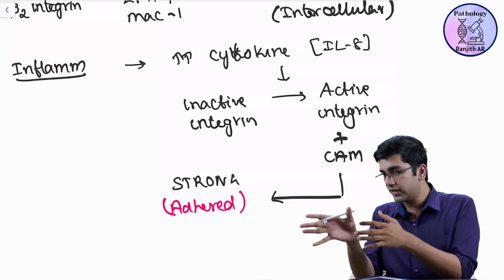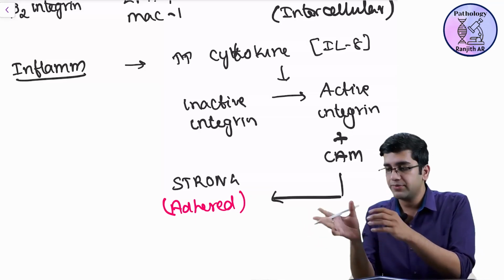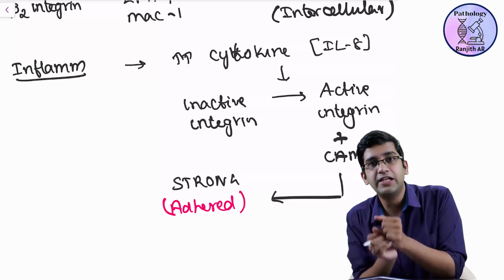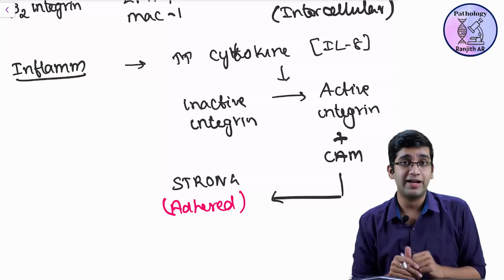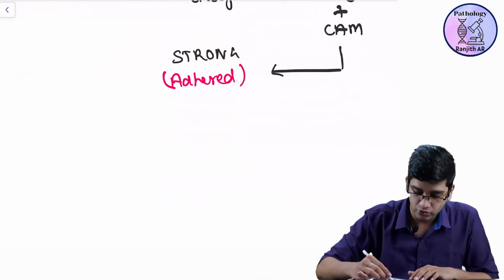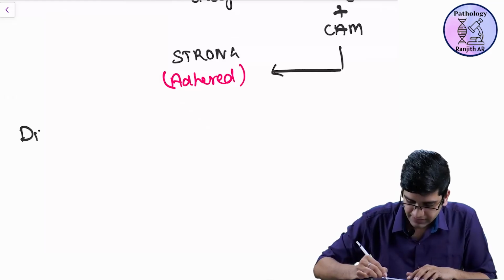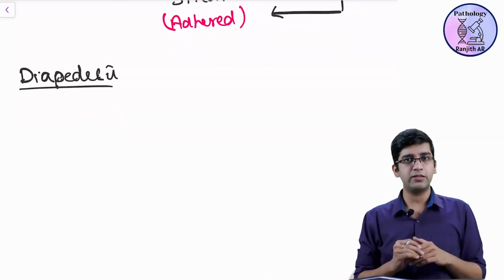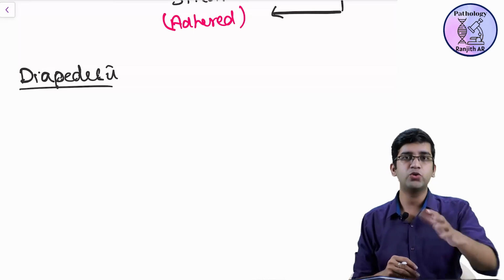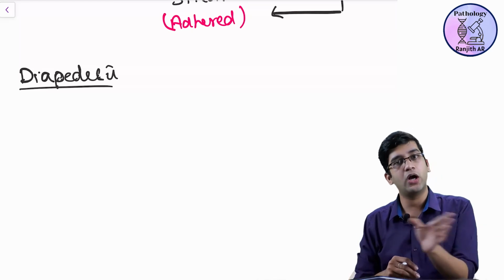So I'm close to my door, which has been opened. I'm just standing there and waiting to go inside. For that also I need molecules here. The next step is called diapedesis. Diapedesis is nothing but crossing my endothelium. I'm going to go outside.